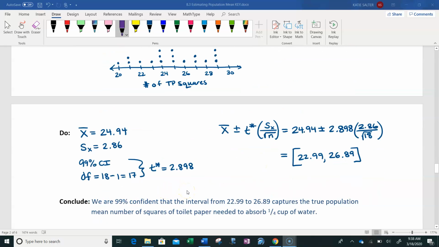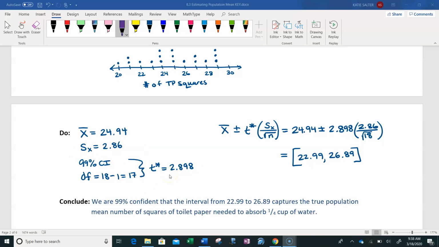When you do the do part, make sure you always write down your mean, that you write down your standard deviation, and that you write down the degrees of freedom and the t-star. Especially if you ran out of time and you're not going to end up having time on the AP exam to get the formula written out, make sure you write this stuff.